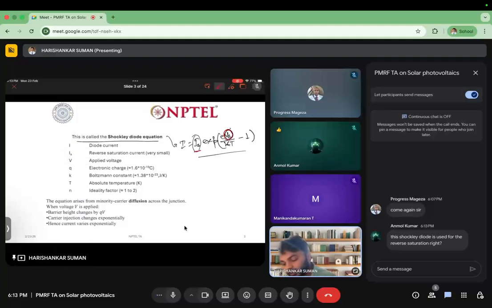But this IS we can find from the reverse saturation when the diode is made. q is electronic charge, which is equivalent to e, k is Boltzmann's constant, T is absolute temperature, and the ideality factor n is also there. Generally n we can take 1, so I will just write down kT.